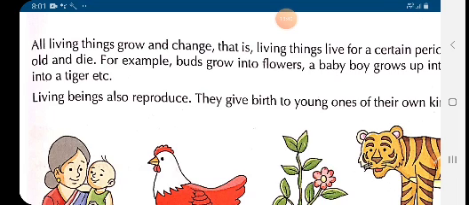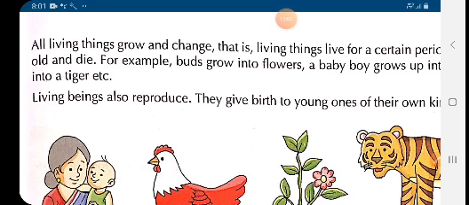After that, they die. Children, as we saw in the example, buds grow into flowers, a baby boy grows up into a man, and a cub into a tiger. This is how their life cycle goes on.